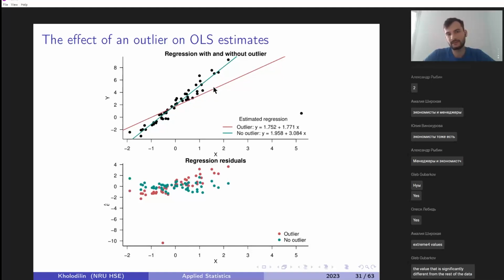You can see that most of the data are in line with red, and only one outlier is far away, so you will have this huge gap. If we take the residuals on the graph, for the green model most of them lie near 0, and for the red model one of them lies here at -10.